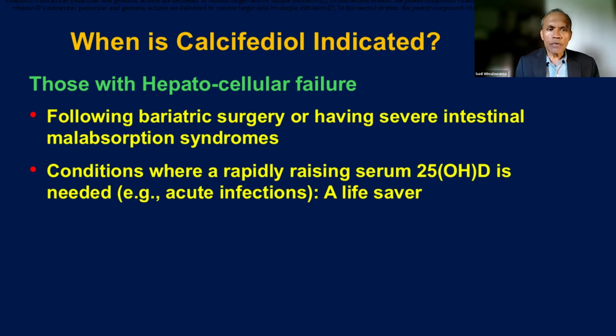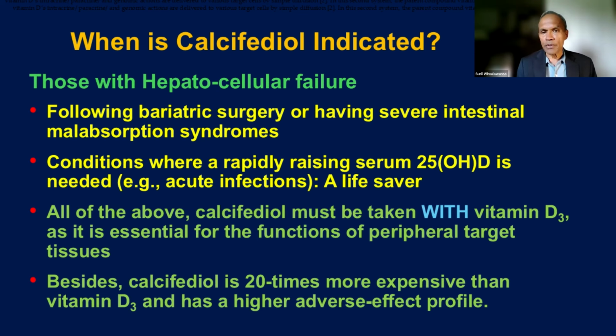However, for people who have had bariatric surgery or have severe malabsorption syndrome, severe celiac disease for example, or those who need to increase the serum 25-hydroxy D level rapidly within hours, as in acute infection, for example COVID, calcifediol is really life-saving. If you give the right doses, it will get into the immune and other cells and help the immune system function better.